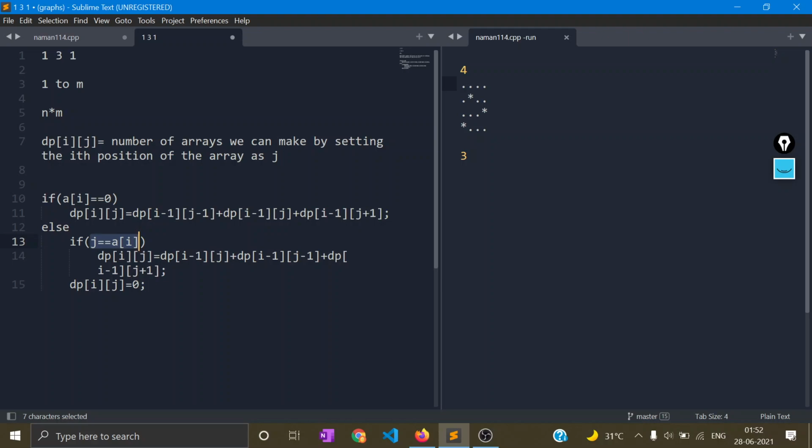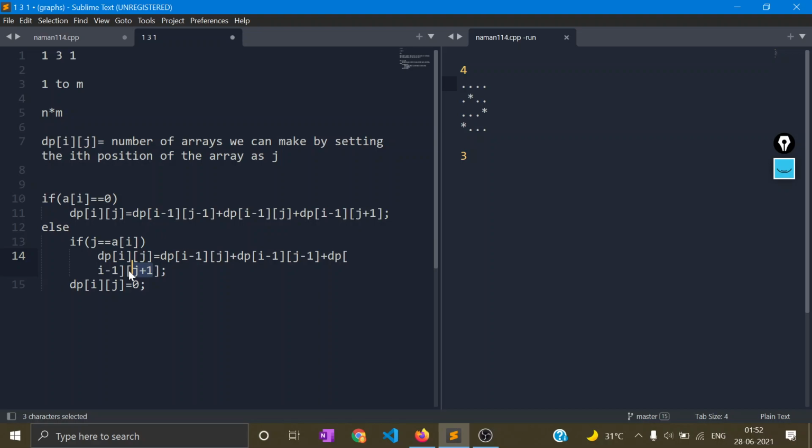But what are the number of ways to fix j? What are the number of arrays that we would generate if we fix j? Our previous position can have j minus 1 as well, and j plus 1 as well. So I have to add all these to get the number of arrays that we generate if we put j on the axis.